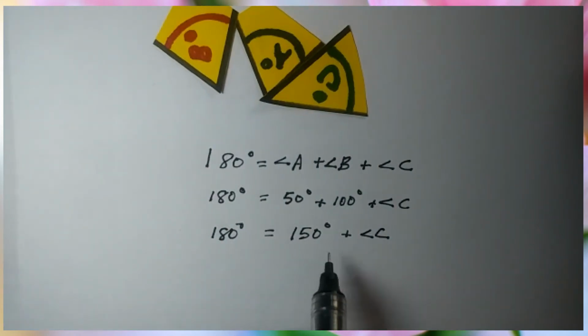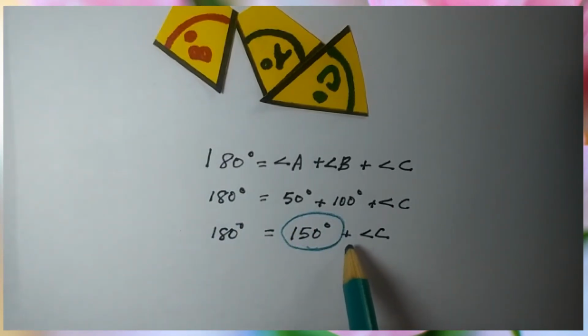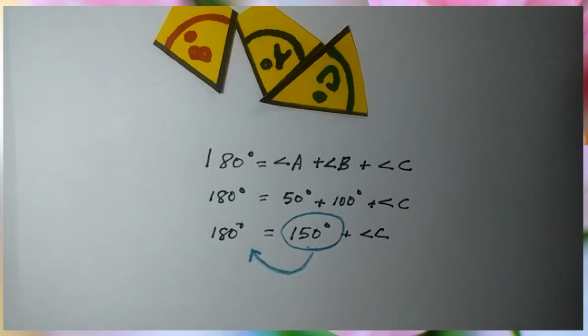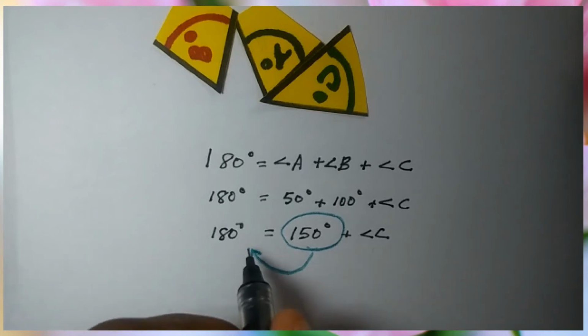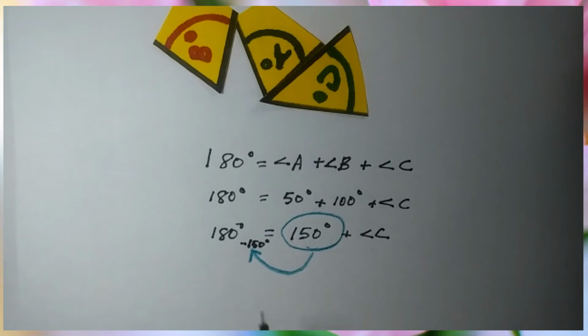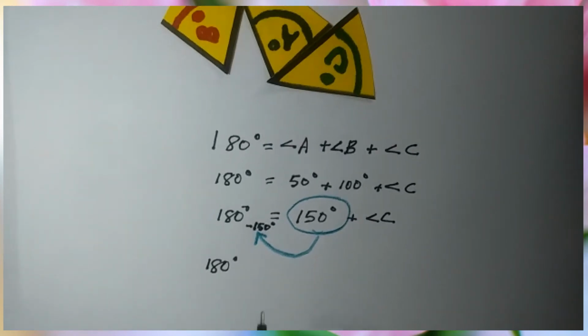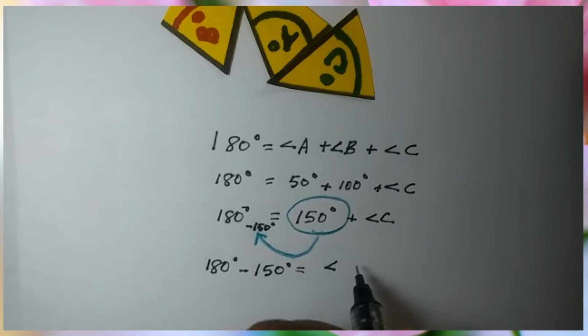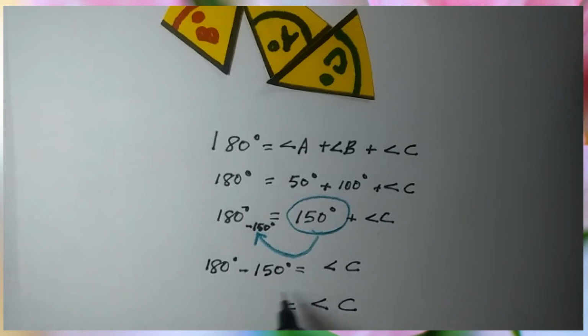If I'm going to carry this portion across the equal sign, I will have angle C left by itself, and since I'm carrying this, the sign will change to negative. So I'm going to have 180 degrees minus 150 degrees, which should be equal to the size of angle C. So angle C must be equal to the difference, which is 30 degrees.